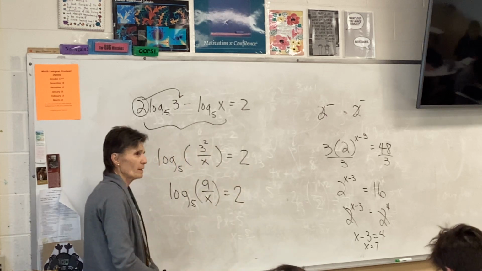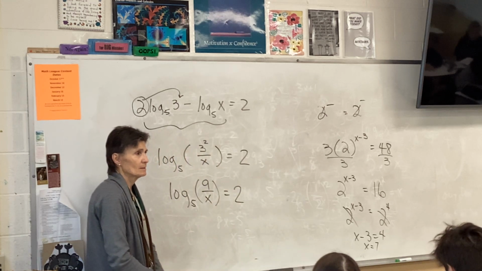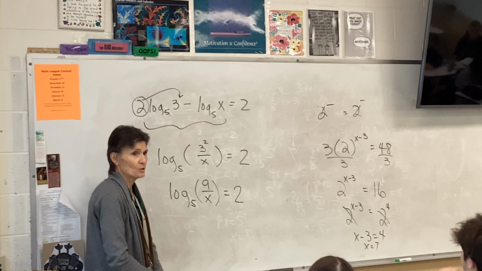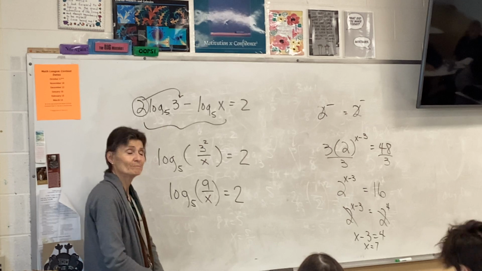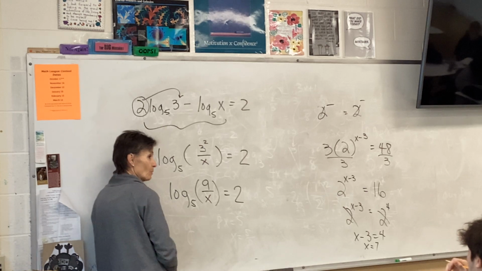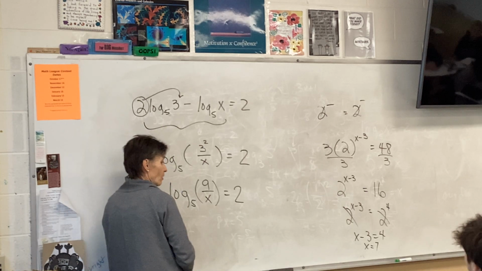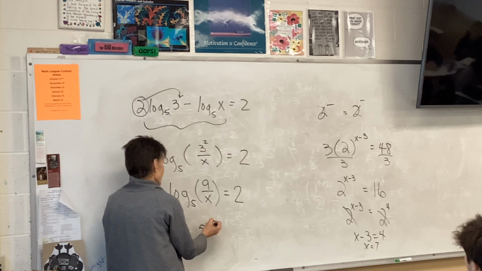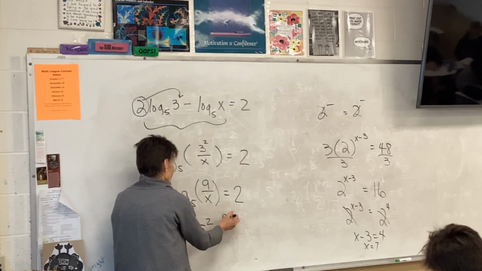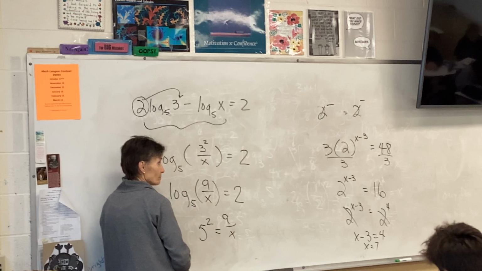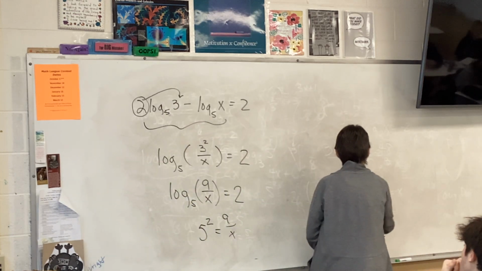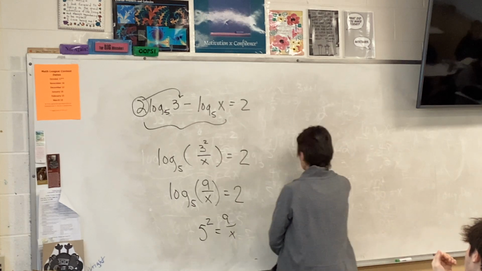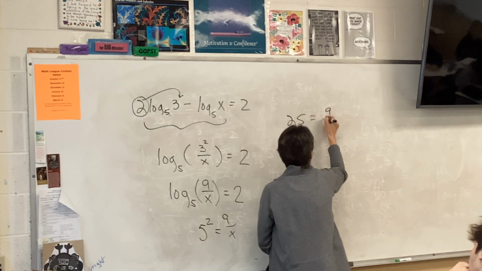Okay, what do I do with that? You know, you've done it a ton. Log roll it. Absolutely, we're going to log roll it. So what's it going to say when I log roll it? 5 squared equals 9 over x. So 25 equals 9 over x.